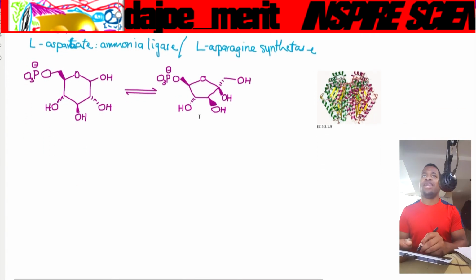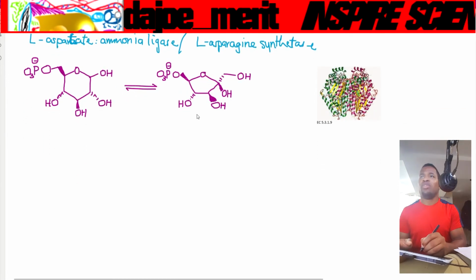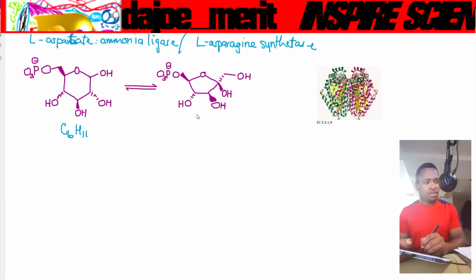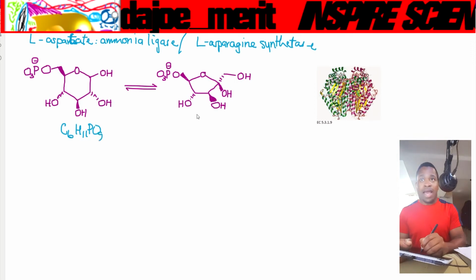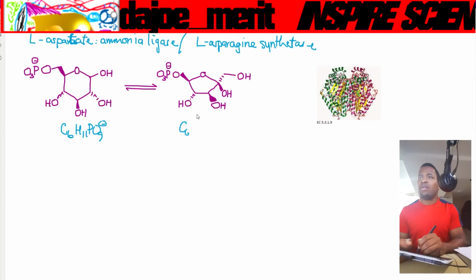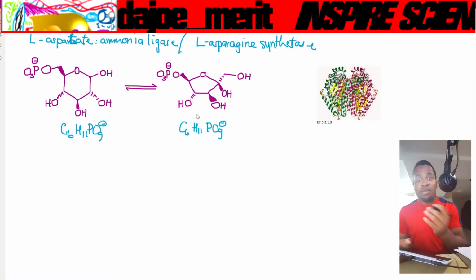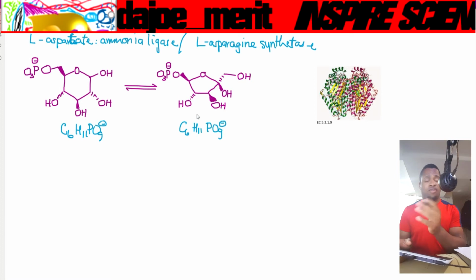And then finally we have this one right here. You notice that the chemical formula on the left side is C6H11PO9 with a negative charge, and the same thing here with the product, C6H11PO9 negative charge. So in this case, the chemical formula is the same, but we're having different structures.